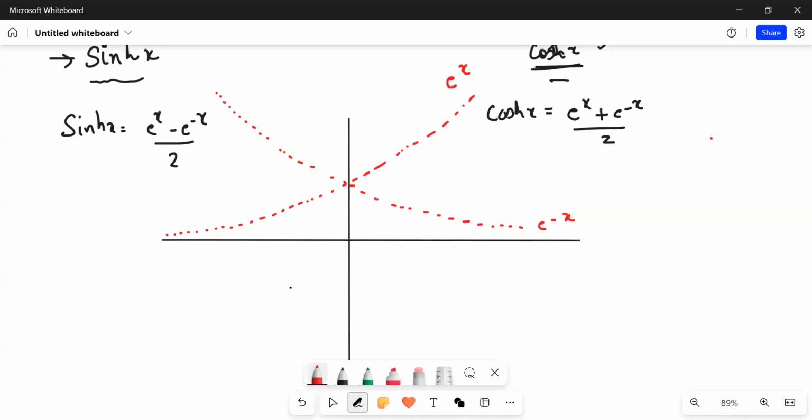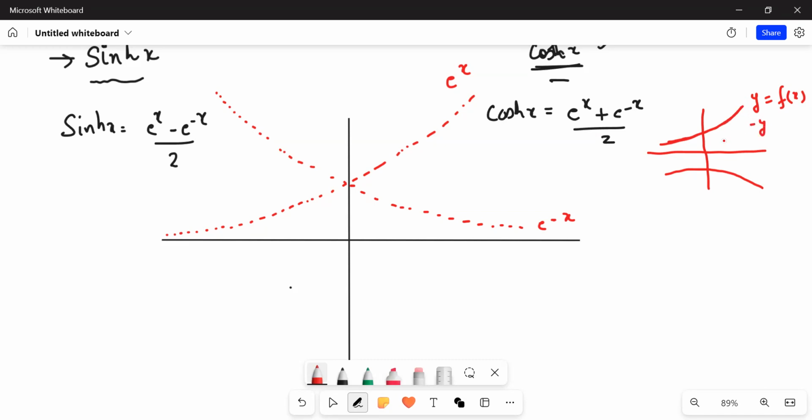And say, if there is a graph like this I'm drawing, this is your y equal to f of x. And if I multiply this with negative, so what will happen? It will get reflected this way. So for example, you have a graph of, let's say this is your graph. And if I'm multiplying it with negative, what will happen? Minus y.